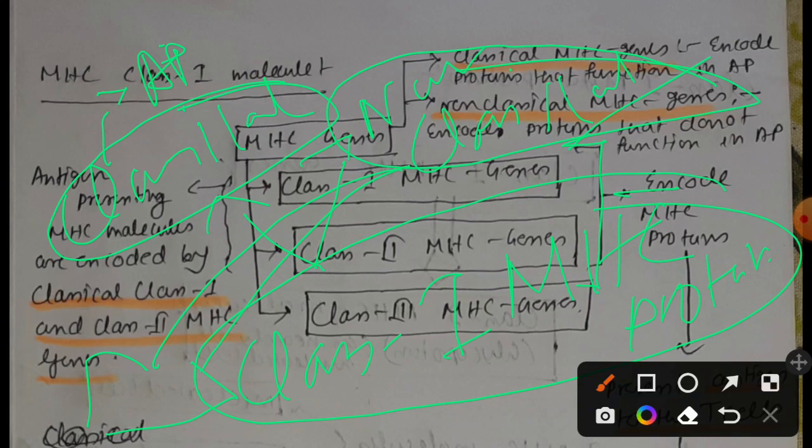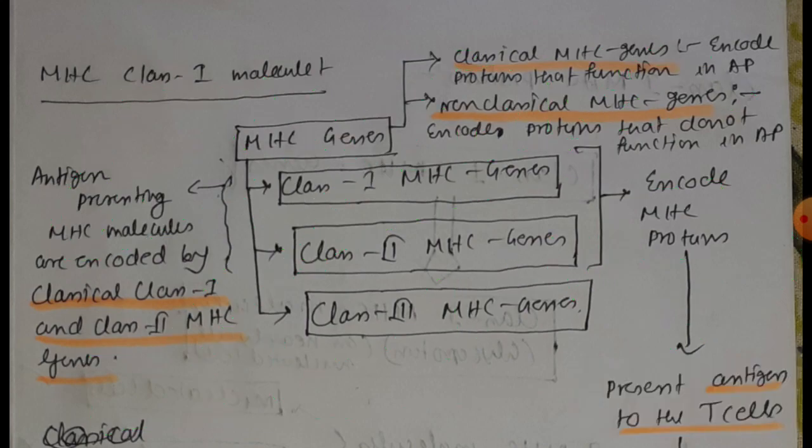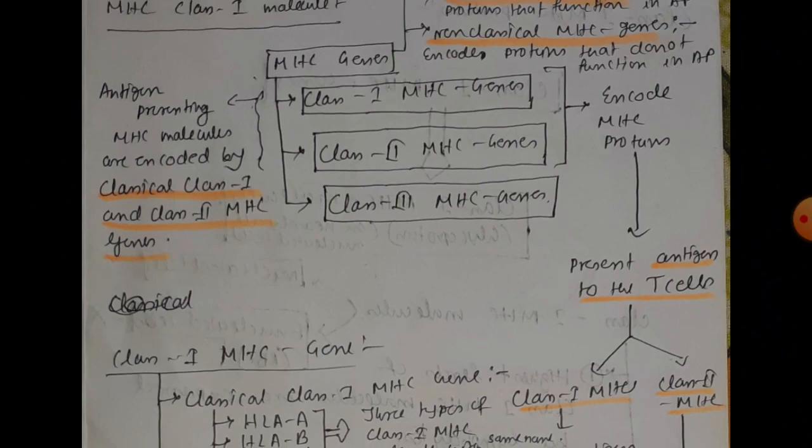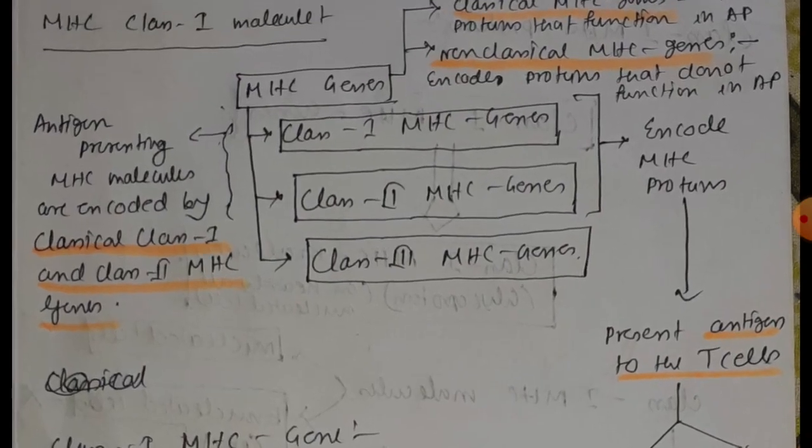So classical genes will produce proteins that are involved in antigen presentation. Non-classical genes will not do anything that plays a role in antigen presentation. Okay, so that is the idea of classical and non-classical MHC genes.